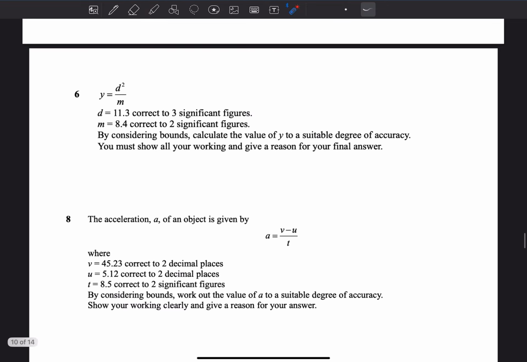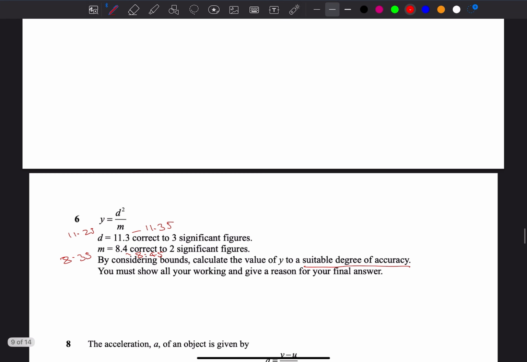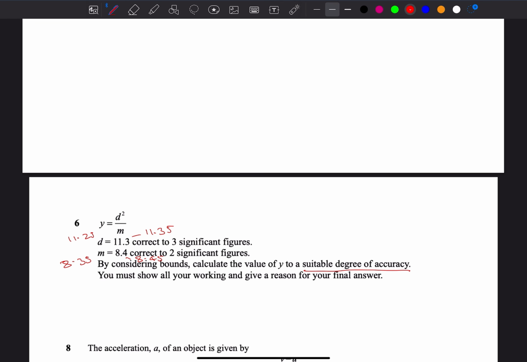This one is bounds: upper bound, lower bound, simple. Suitable degree of accuracy. So if you look at it, what do we have? 11.35, 11.25, 8.45, 8.35. You want a suitable degree of accuracy. So you want the upper bound of y. Remember, the upper bound is the upper bound divided by the lower bound.